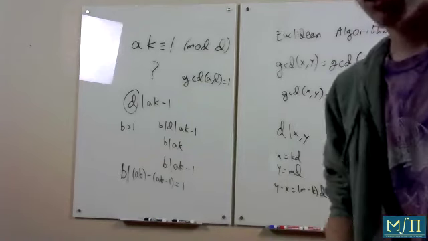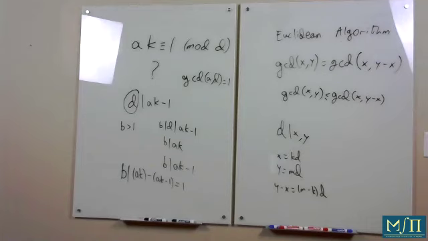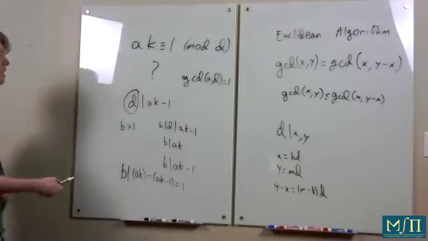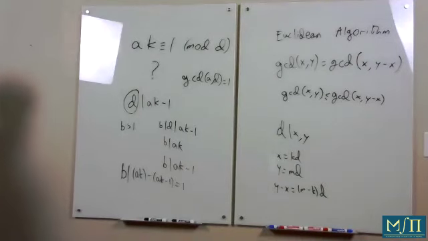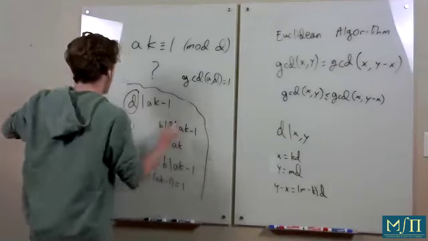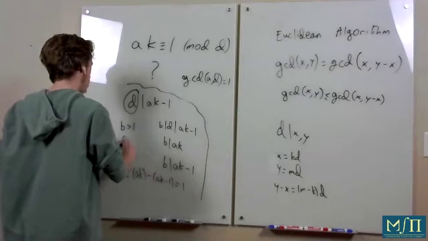Yes? There is a question: on the left side, how did B divide AK? This was in the case when the GCD of A and D would not be 1. I should draw a line in this case, if the GCD were greater than 1.